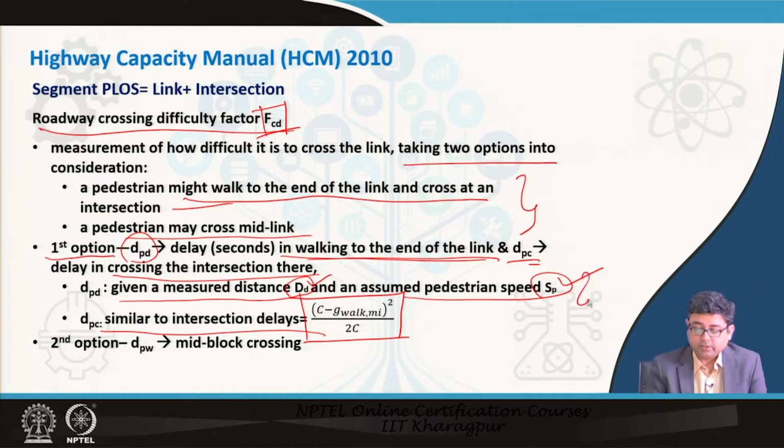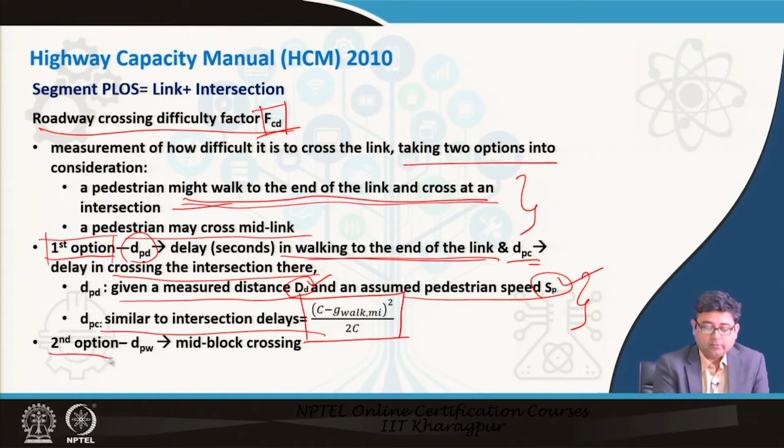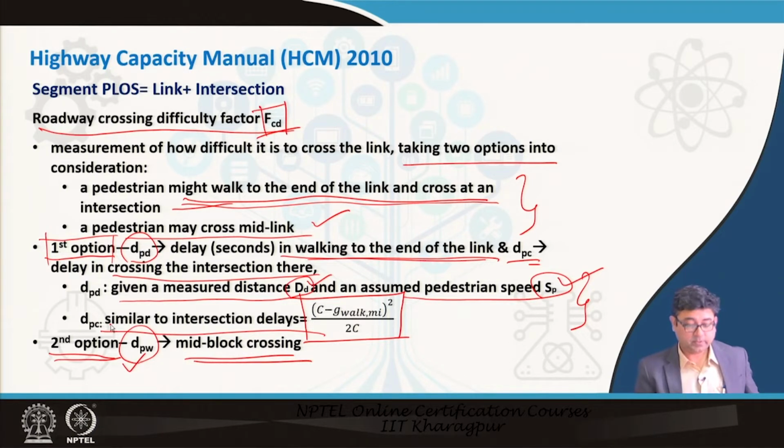Those are the two elements for the first option. However, if the pedestrian may cross mid block, then you have to calculate the delay of such pedestrians trying to cross mid block. We will tell you how to calculate each of these delays in order to determine the FCD factor.